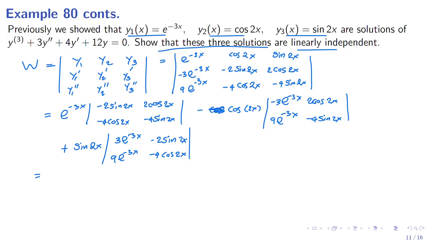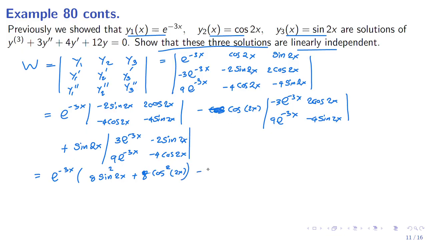Now, all we need to do is expand all these determinants and simplify it. If I do it, e to the minus 3x, we get 8 sine squared 2x plus 4 times 2, which is again 8 cosine squared of 2x.